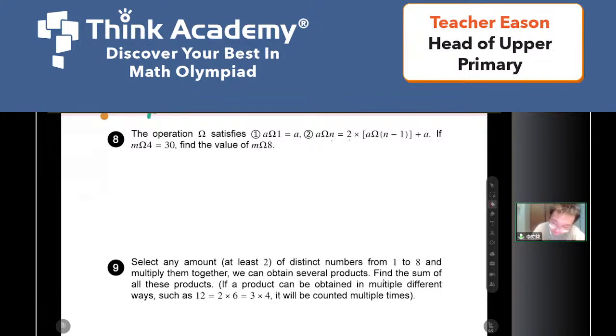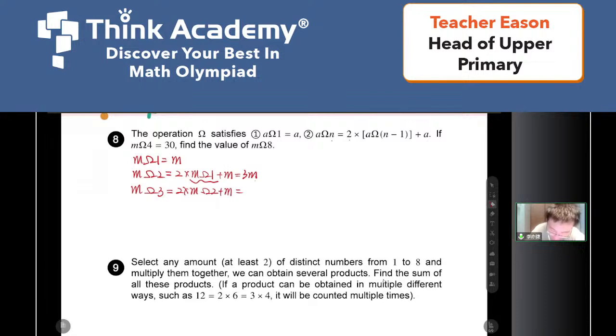So we know that m omega 1 is m. What about m omega 2? Then m omega 2, following this rule, is 2 times m omega 1 plus m. So this is 3m. And m omega 3 is 2 times m omega 2 plus m.